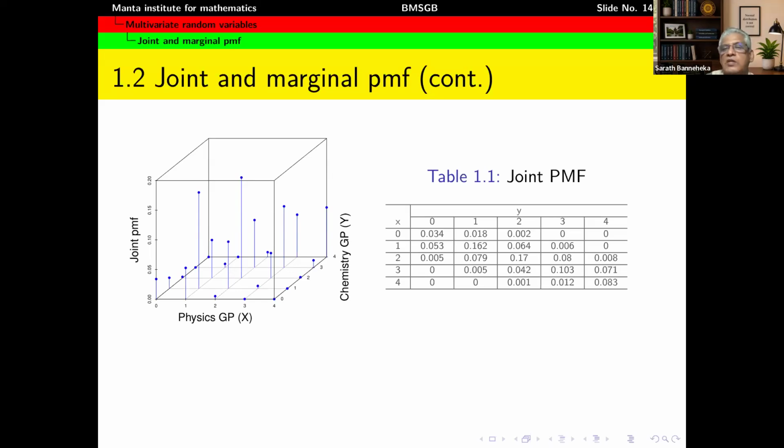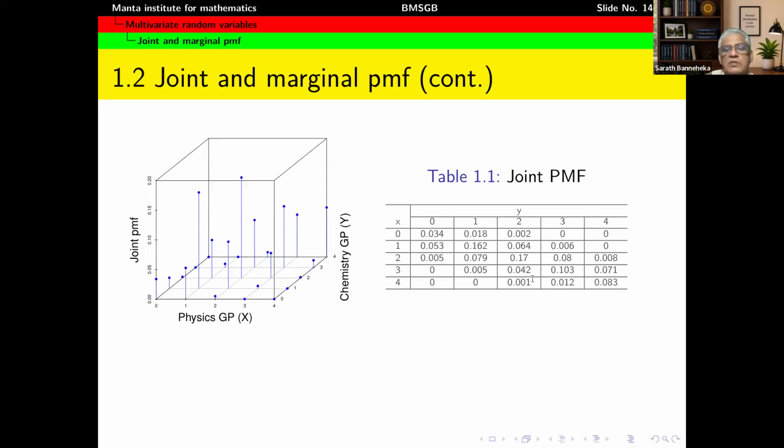Very, very few only get zero. Right? That is a good thing. And if you also look at the highest probability here, you can see that those who get 2 for physics have the highest tendency to get 2 for chemistry as well. Right? This is the highest probability. So this is a really interesting thing that you can find out when you look at the joint probabilities.